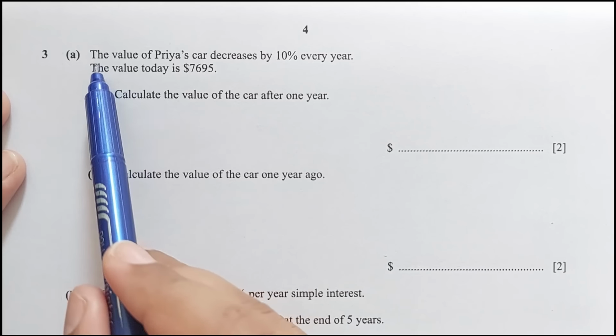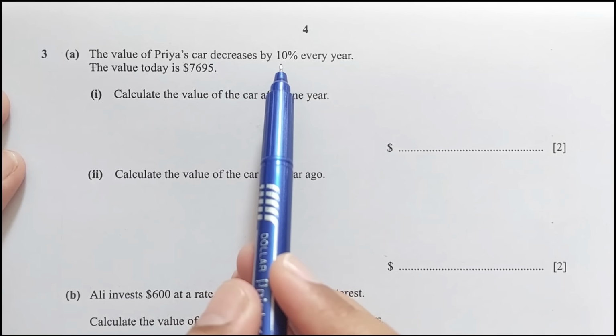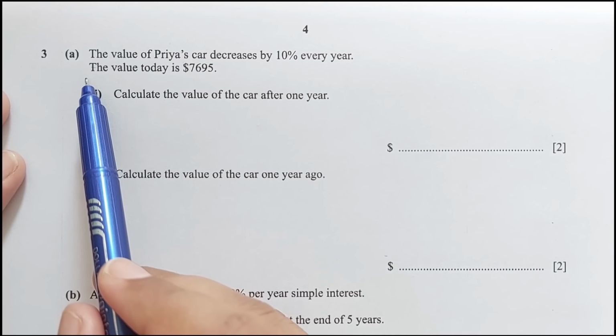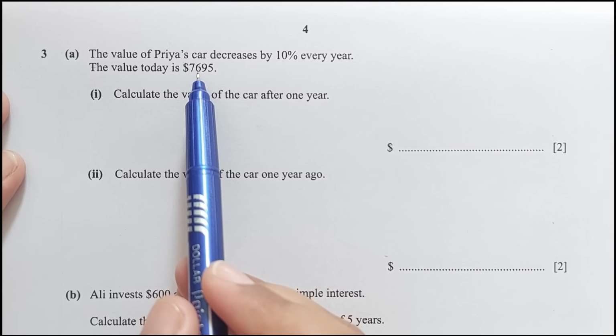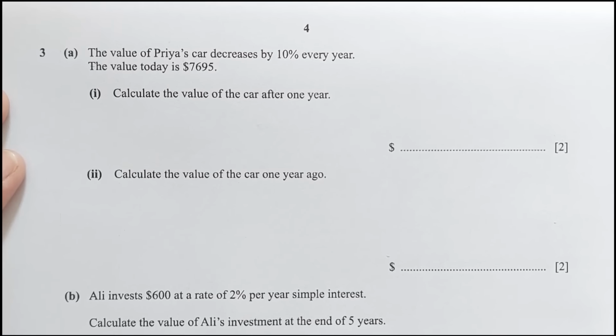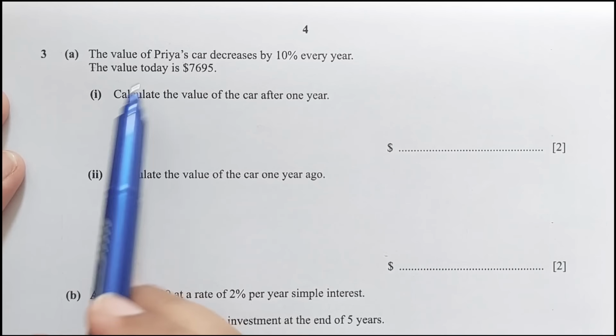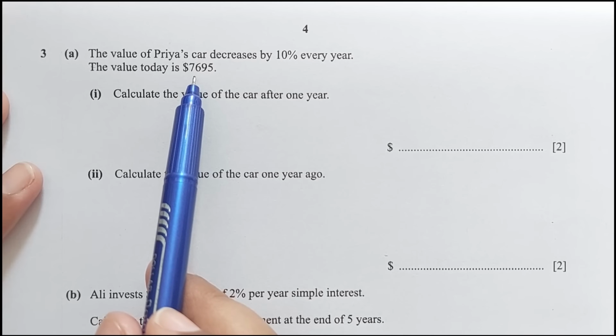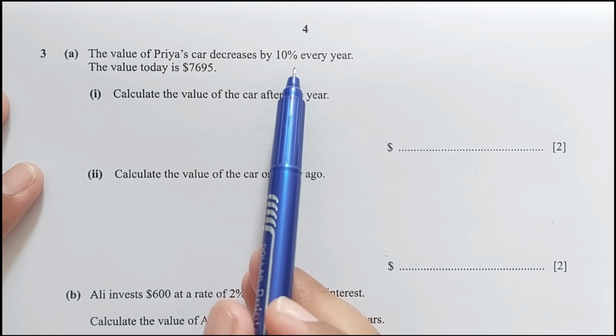Question number 3, part A. The value of Priya's car decreased by 10% every year. The value today is $7,695. Number 1, calculate the value of the car after 1 year. So today the value is this, and each year there is a 10% decrease.